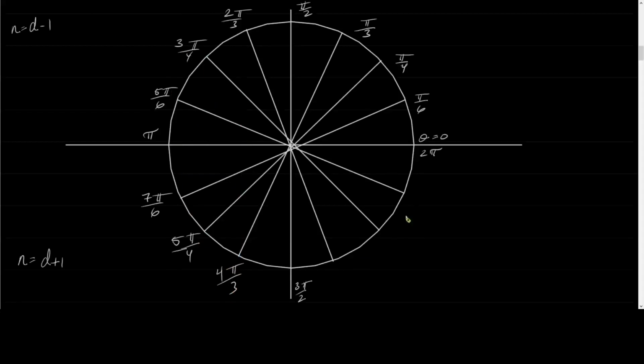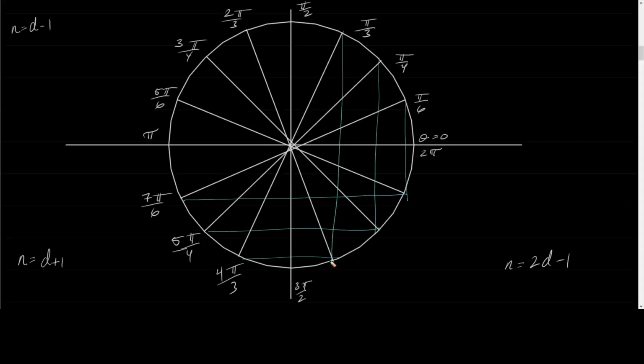In the fourth quadrant, we're going to say all the numerators are twice the denominator minus 1. And we're going to pair them up in the same exact way, whether we go this way or this way. They still match up in the same way. This one right here is something pi over 3, something pi over 4, and something pi over 6.